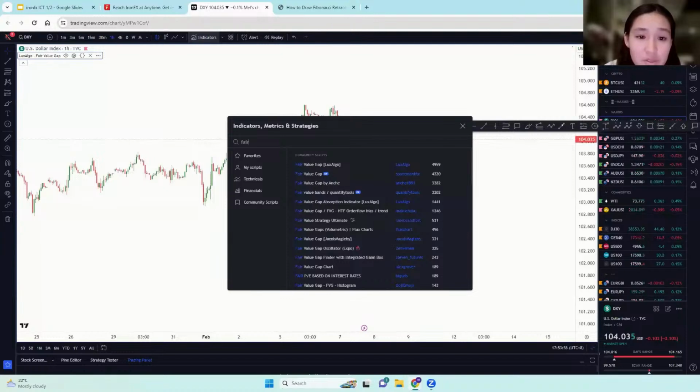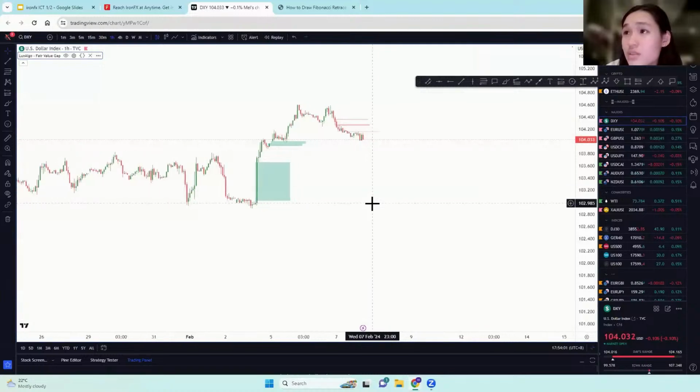This automatically helps you to find FVGs on any time frame, and it will help you to highlight the level as well.